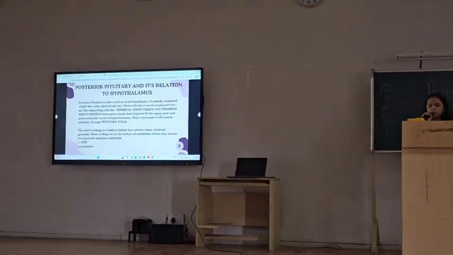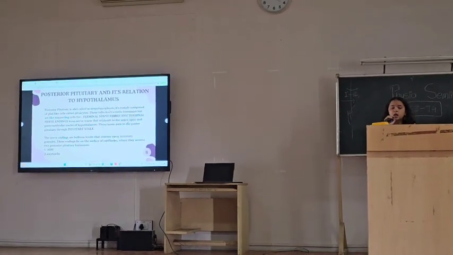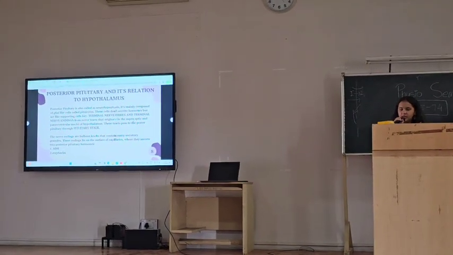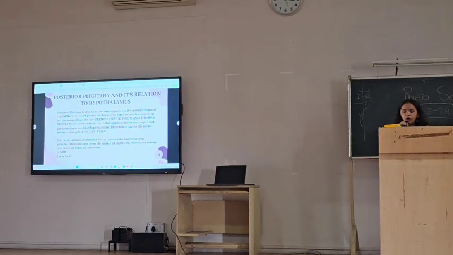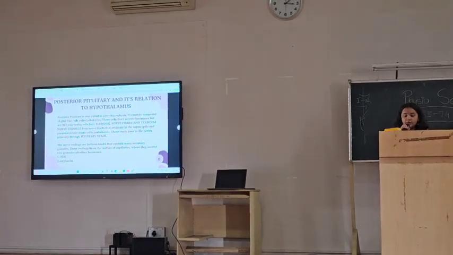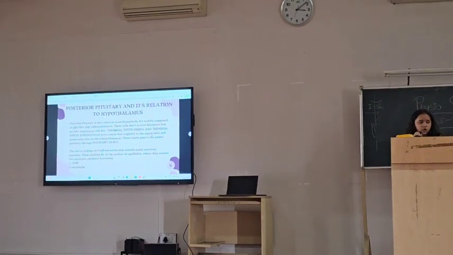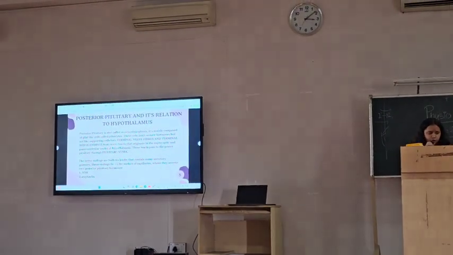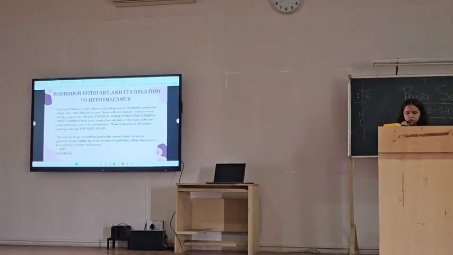These tracts pass to the posterior pituitary through the pituitary stalk. The nerve endings are bulbous knobs that contain many secretory granules. These endings lie on the surface of capillaries where they secrete two posterior pituitary hormones, ADH and oxytocin, about which we will learn further ahead in the presentation.